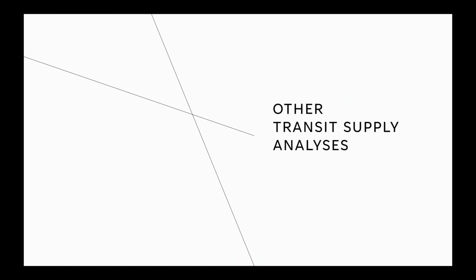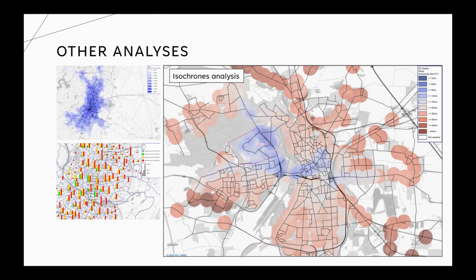Just to provide an overview of two other analyses of transit supply and compare them with the accessibility analysis, I have included two slides in here. First analysis is isochrone analysis. In the isochrone analysis, we select one zone and calculate the travel time from that zone to any other location in the network, and then display the network based on the travel time, color the network based on the travel time.